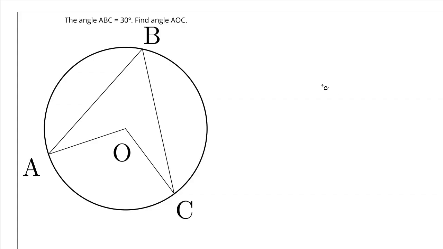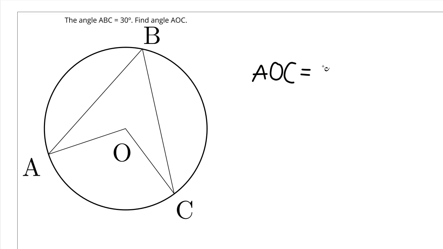There isn't a better way to learn these theorems than to actually do the questions. So, starting with the first question, the angle ABC is equal to 30 degrees, find angle AOC. We know from the theorem that the angle at the center, AOC, is twice as big as the angle at the circumference, ABC.